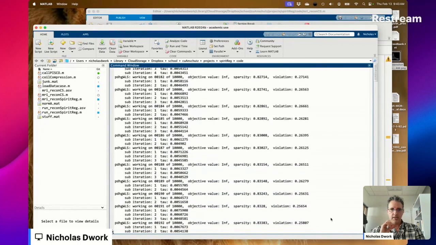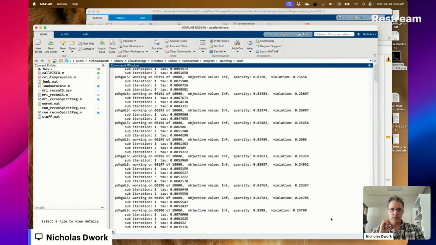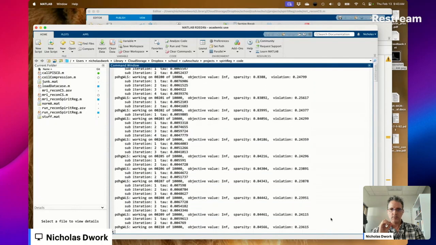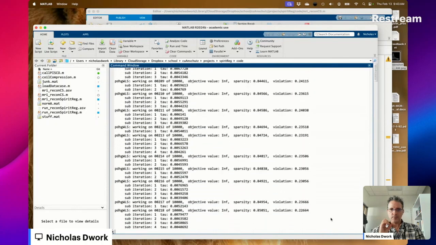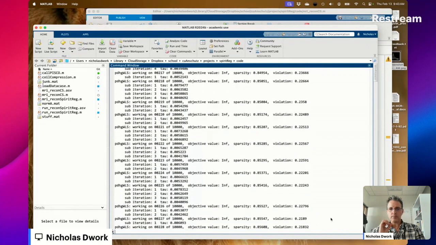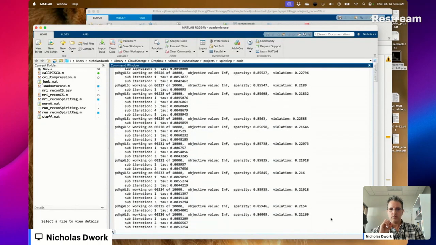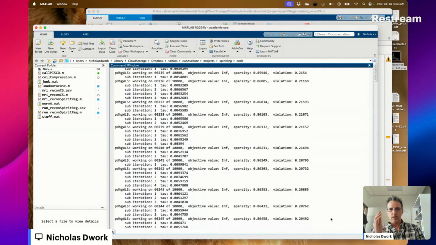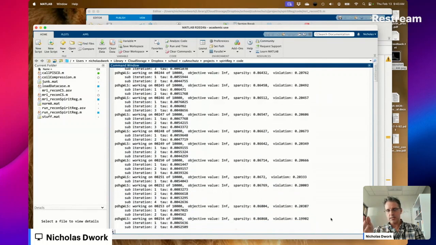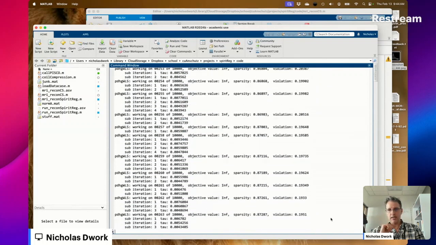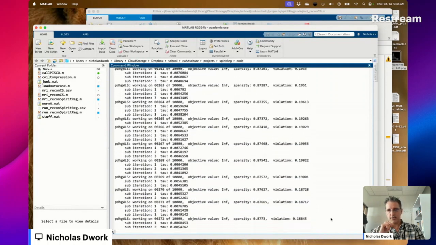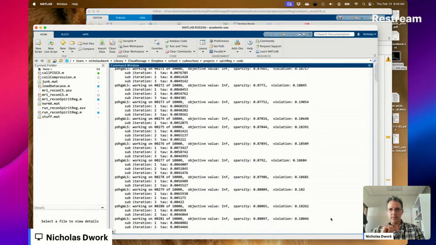This is taking a long time. We know this problem is feasible because Vista gives us an answer that satisfies this constraint with these sensitivity maps.